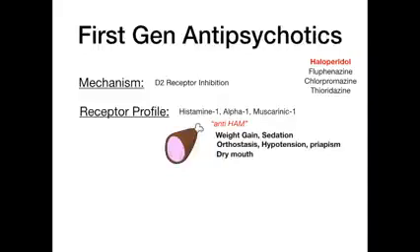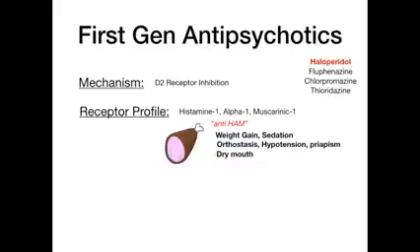And when you block the M1 receptor, dry mouth and visual changes. So anti-HAM1. I remember this because these patients gain weight because of inhibition of that H1 receptor. So anti-HAM, I think of eating a lot of ham and getting fat. These patients get fat. Just helps me remember. So anti-HAM1, that's the receptor profile for both first and second generation antipsychotics.